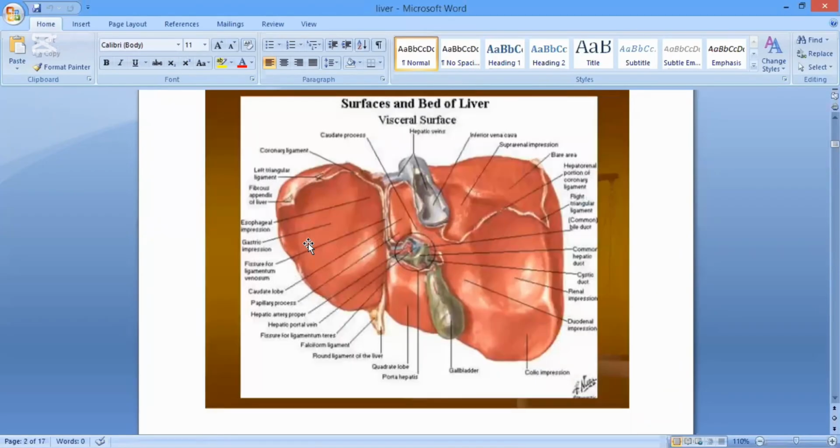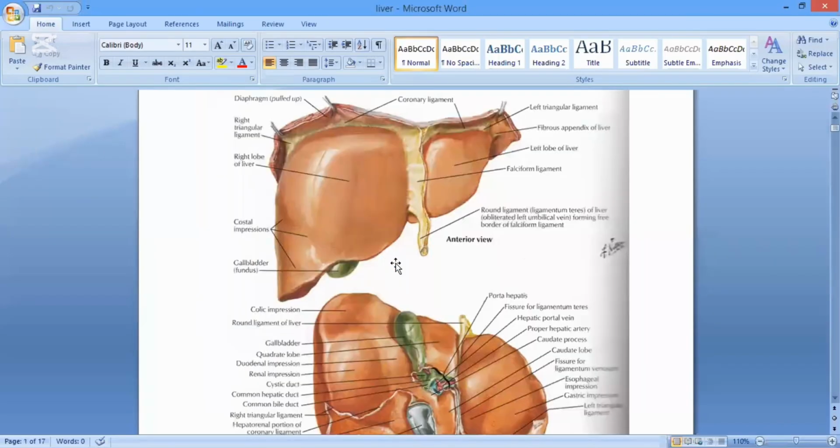As far as the liver is concerned, it is divided into two lobes. The right lobe, the larger one, and the left lobe, the smaller one. This division is carried out by the presence of the falciform ligament. Falciform ligament is basically a peritoneal attachment, a two-layered fold of the peritoneum, which attaches the liver to the anterior abdominal wall.